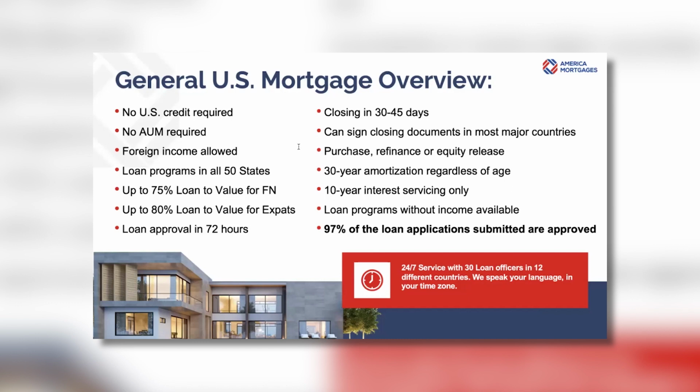We factor in extra time depending on where you're located, but normally we can do a transaction very, very quickly. One of the fantastic things about America Mortgages, because we only focus on foreign nationals and expats, is that you can sign your loan documents in the country where you are located.